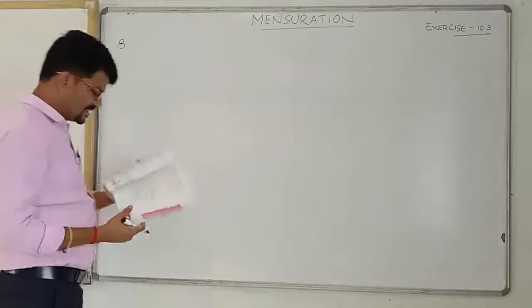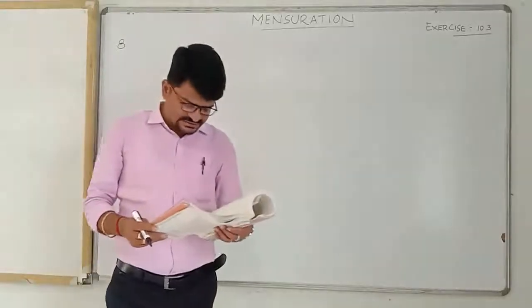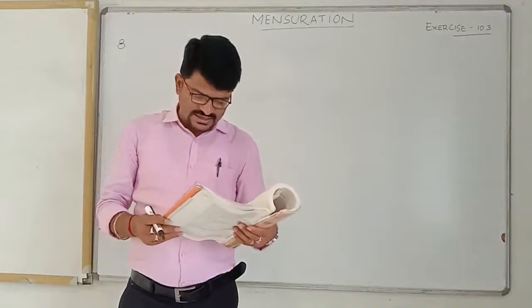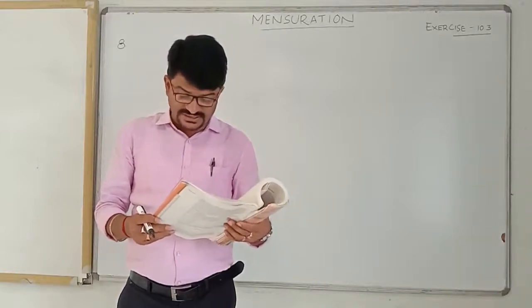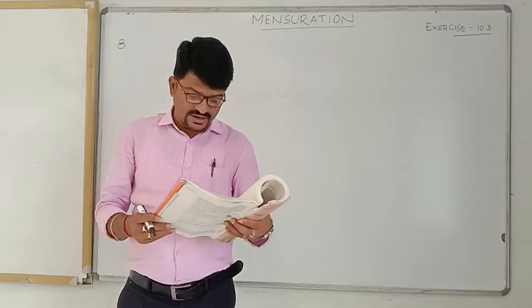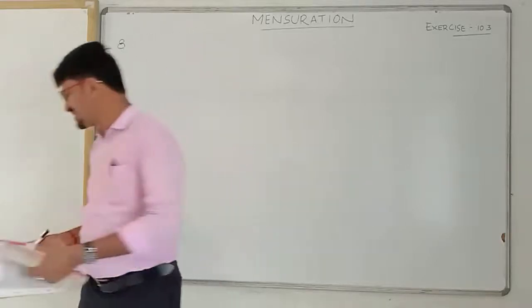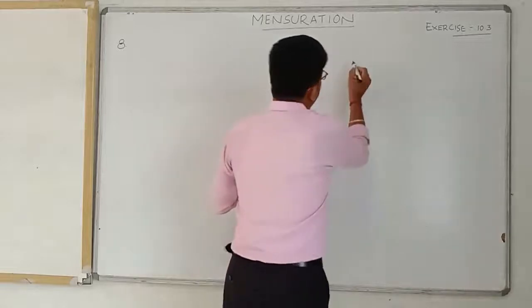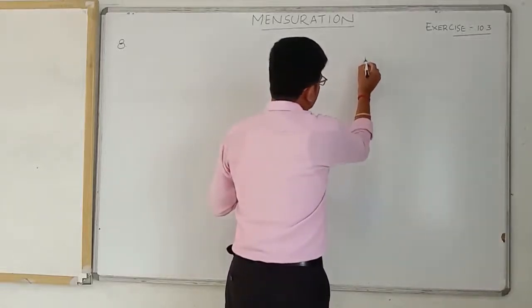Now let me explain question number 8. I'll read this. A floor is 5 meters long and 4 meters wide. A square carpet of side 3 meters is laid on the floor. Find the area of the floor that is not carpeted. Very good. Actually, this is a rectangular room.